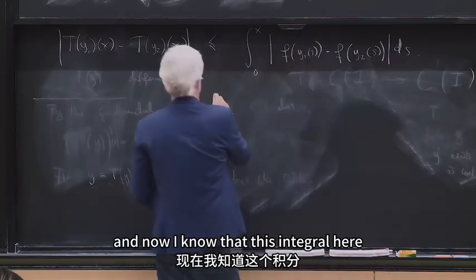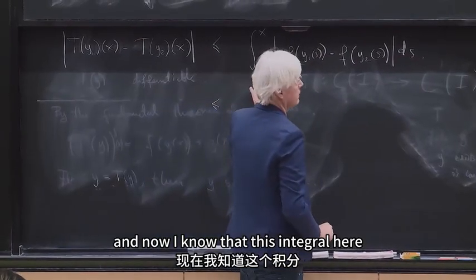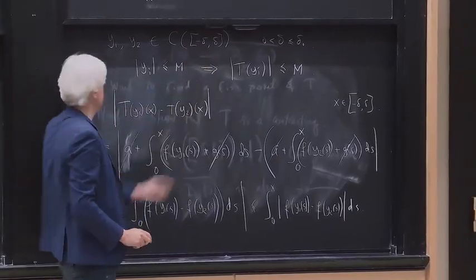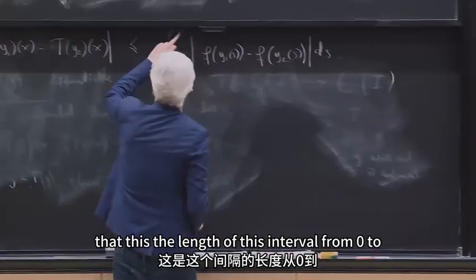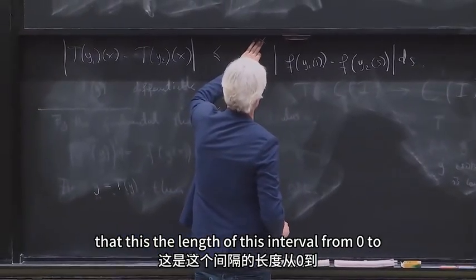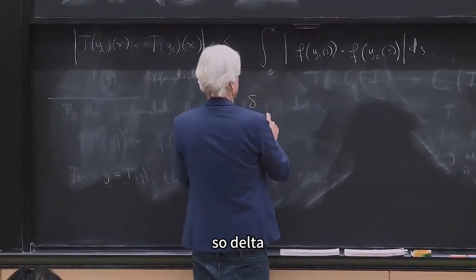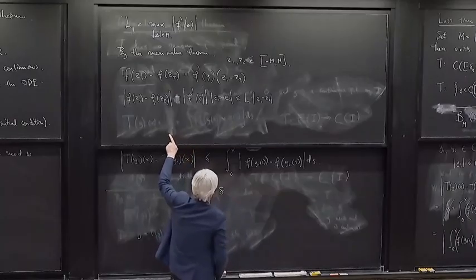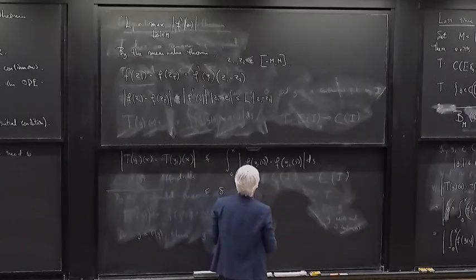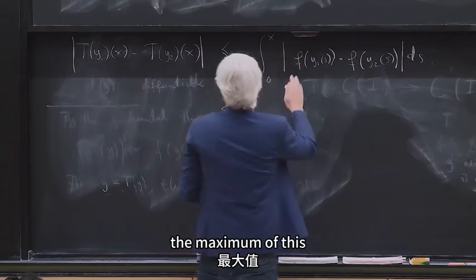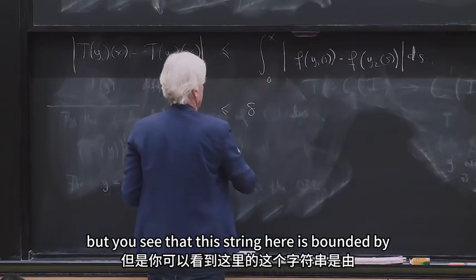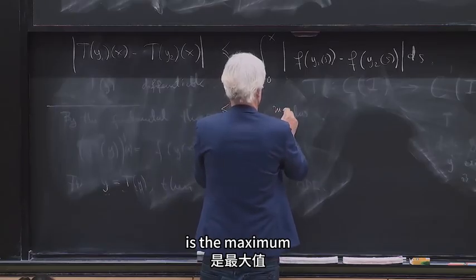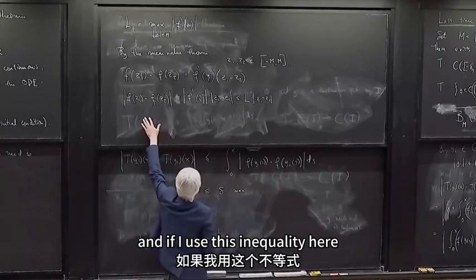And now I know that x is supposed to lie in this interval here. So this means that the length of the interval from 0 to x is at most delta. Then I can take the maximum of this, and you see that this thing here is bounded by L, using this inequality.